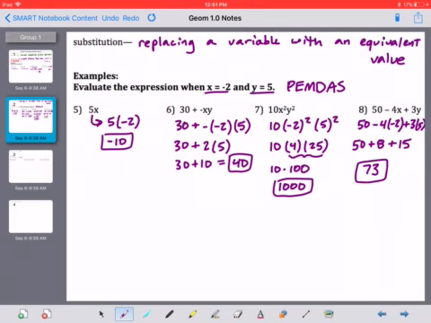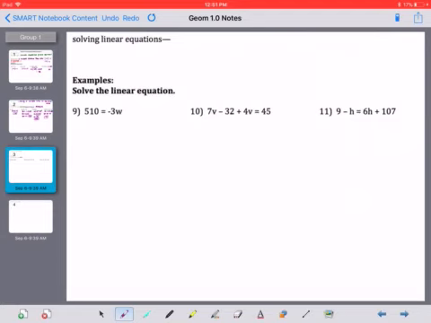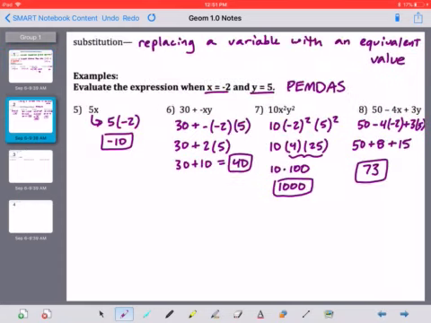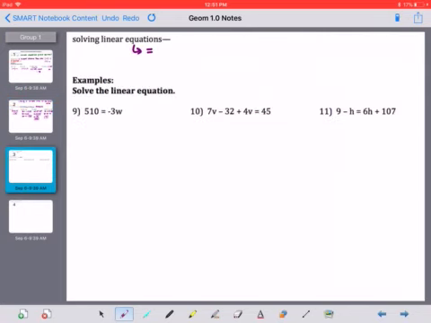All right, last little section is solving linear equations. So if you remember, an equation has an equal sign. Notice the first 8 examples, the problem you were given did not contain any equal sign, and that's why we call those expressions. These last 3 examples all have equal signs, and that's why we call them equations.